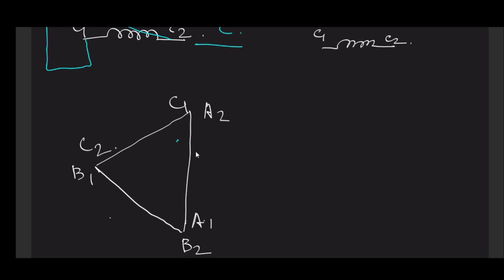Now here we are trying to show that DY11 configuration. Just for this, let us develop a star connection inside this delta, whose line voltages are equal to the voltage of this delta. Here it is A, B and C, right?